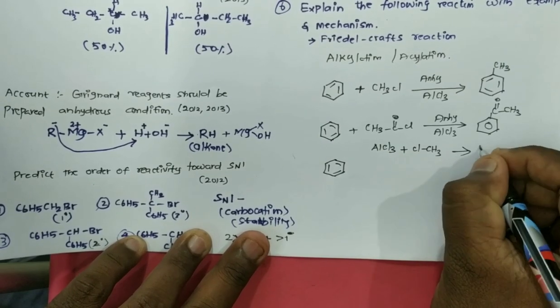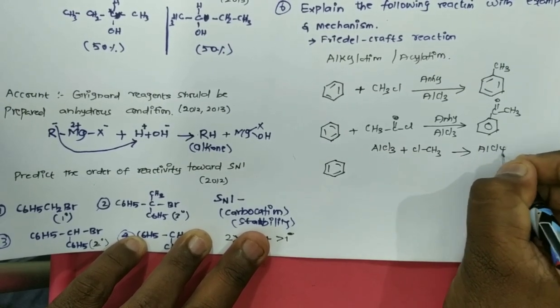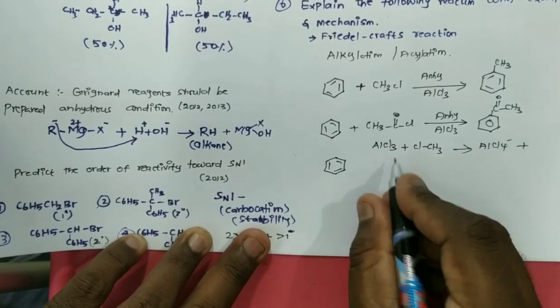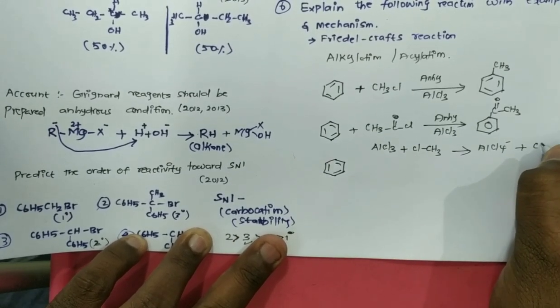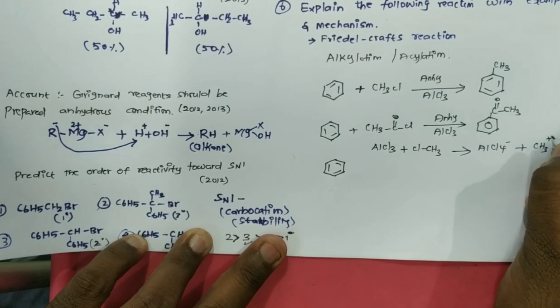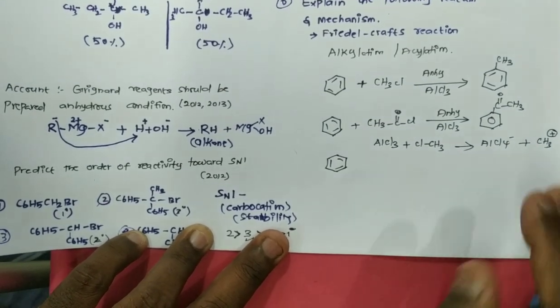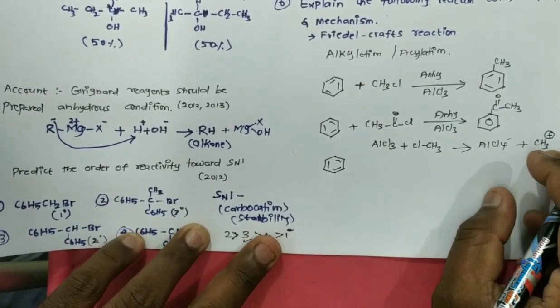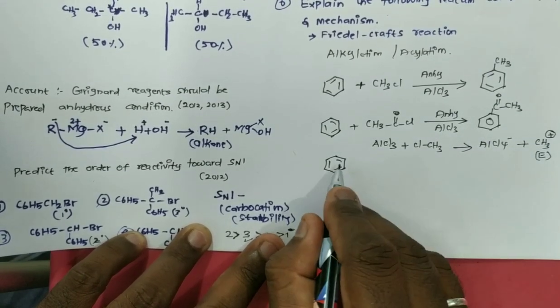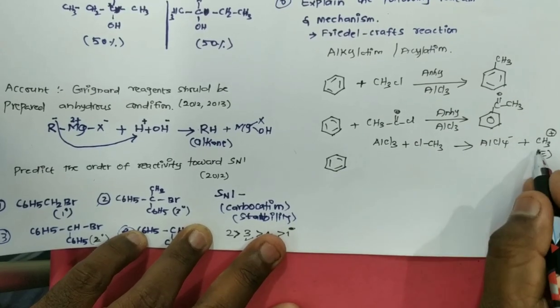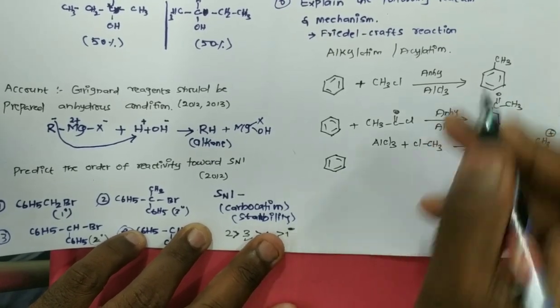It forms AlCl4 minus, because it is a Lewis acid, and CH3 plus is there. This CH3 plus will act as an electrophile. The ring will now attack this electrophile to form our product.